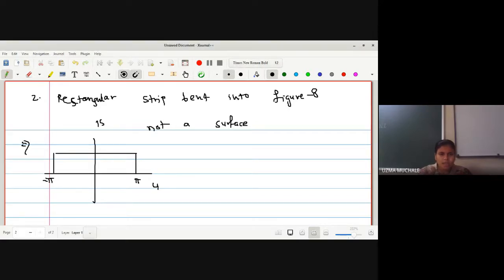Now the question is, you have to bend the rectangular strip in the form of a figure 8. So while bending it can be converted to some other shape also. Let me draw this. I will try to draw this because I am not so perfect in drawings.